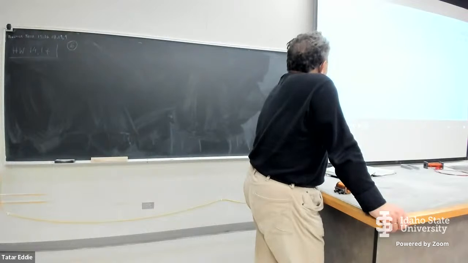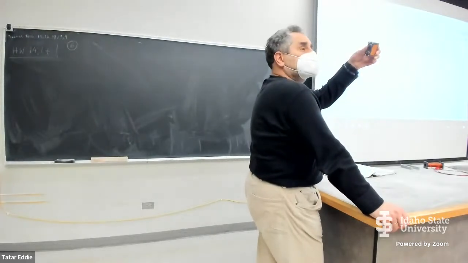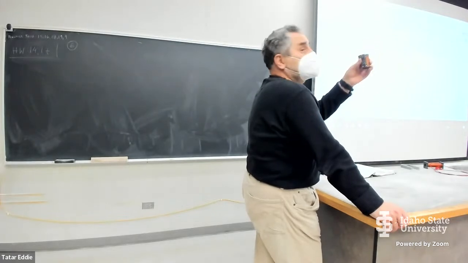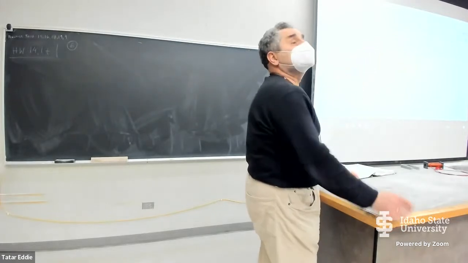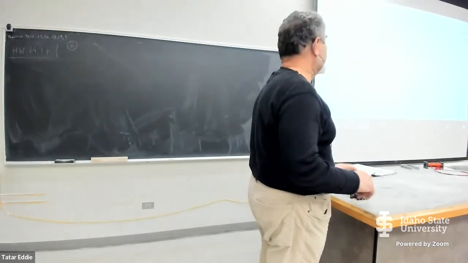So they show the orientation of this coil with respect to an external magnetic field. Some external magnetic field is present. They show it on the diagram.